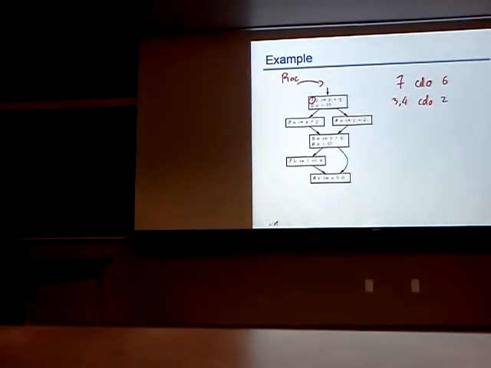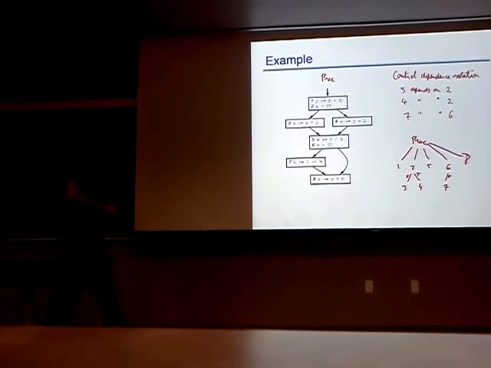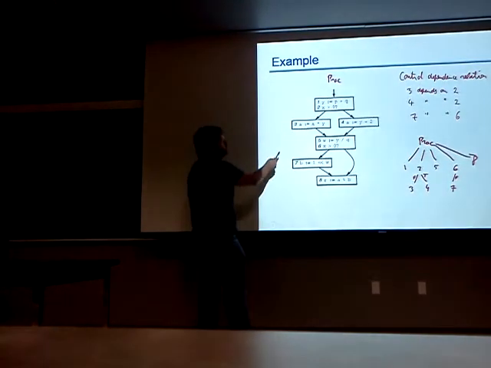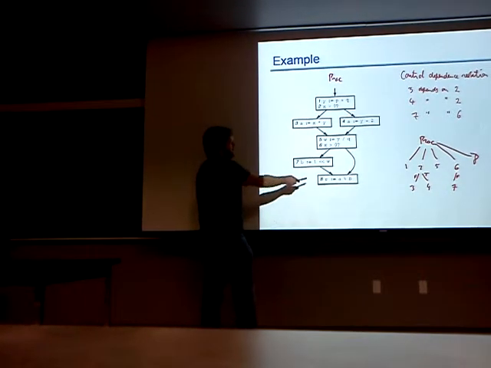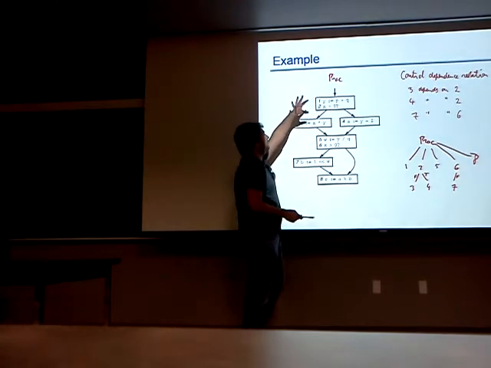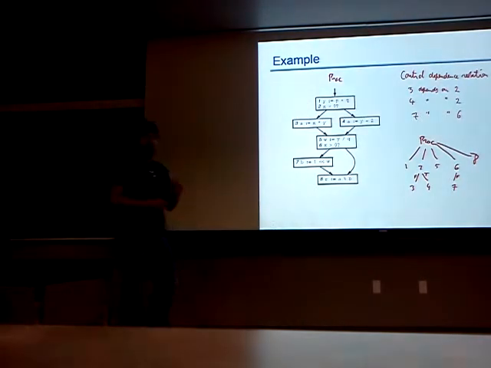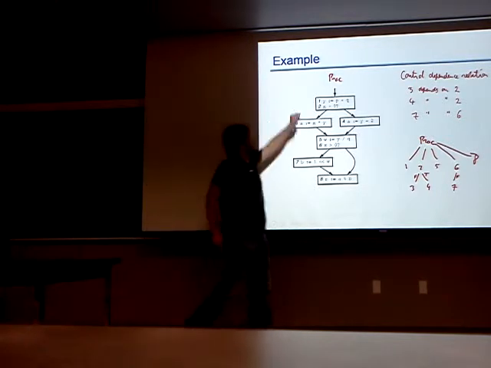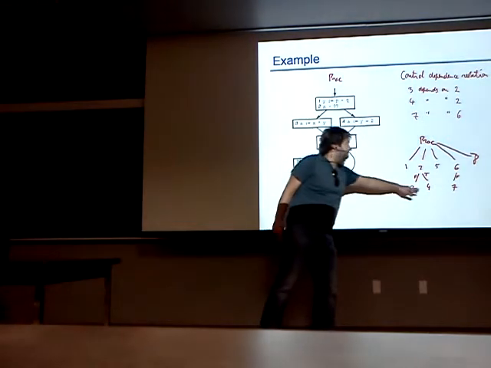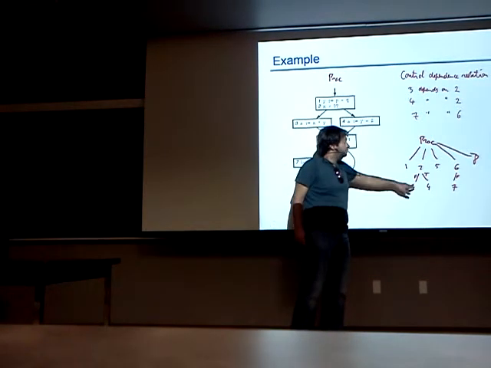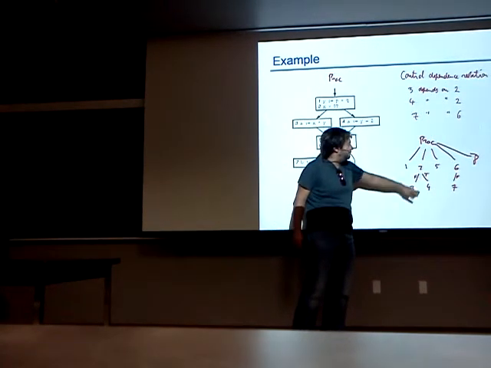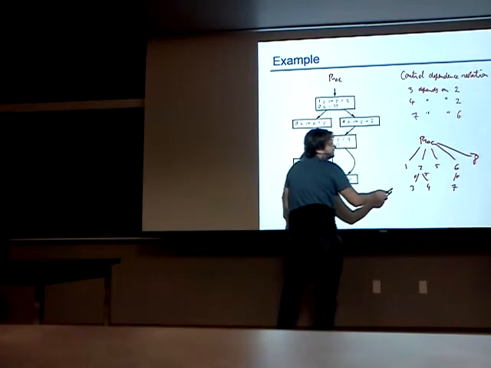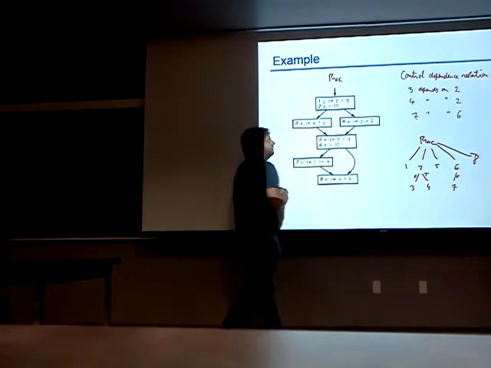So in particular, you have the procedure node, and 1, 2, 5, 6, and 8 are all directly control dependent on proc. The closest control dependence that they have is proc. Now, other things like 3 and 4 are also dependent on proc, but they're also dependent on 2. So you put them underneath 2, and you label which side of the branch it is, the true side or the false side. Okay?